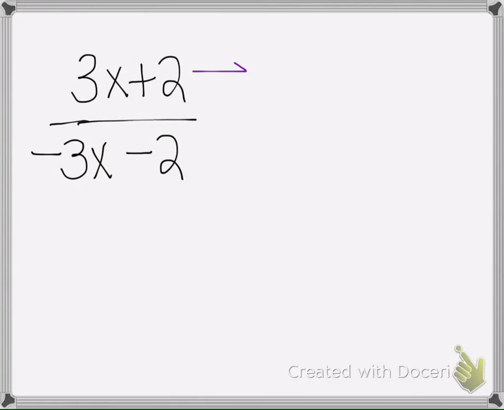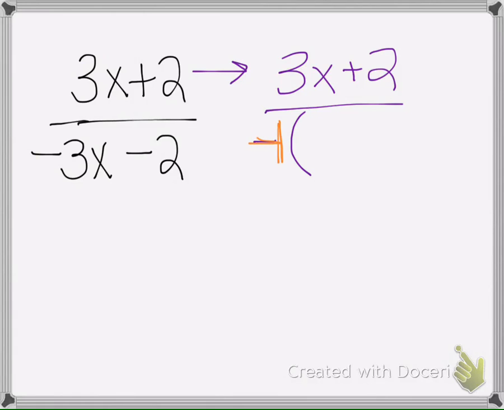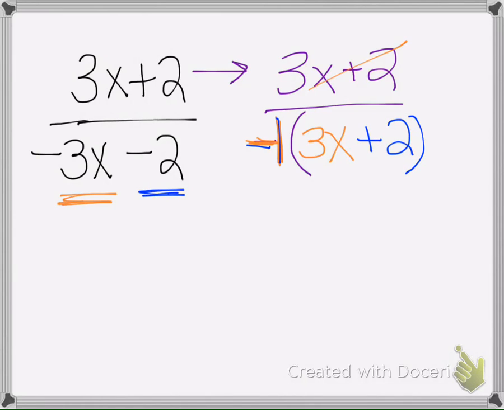So I'm going to keep this one the same, and then I'm going to put a negative on the outside, and a negative 1 times 3x is negative 3x. A negative 1 times a positive 2 is negative 2. And then these are going to simplify to make 1 over 1. So we're left with 1 over negative 1, which equals negative 1.